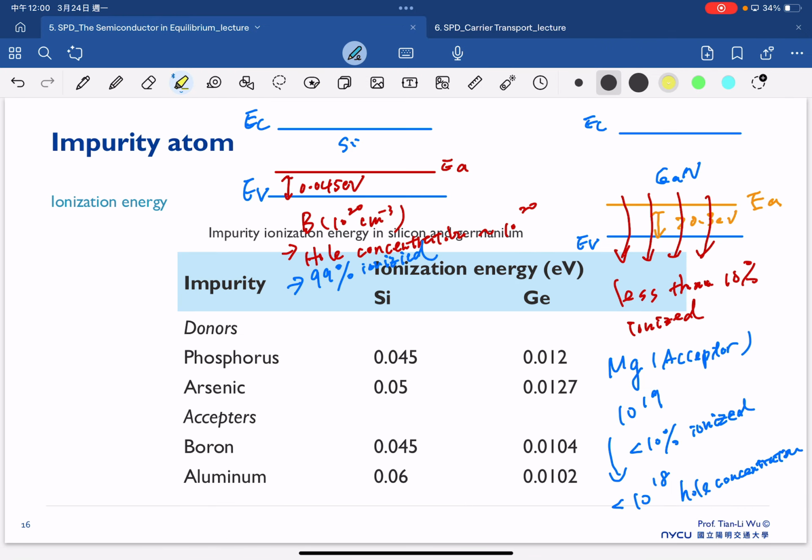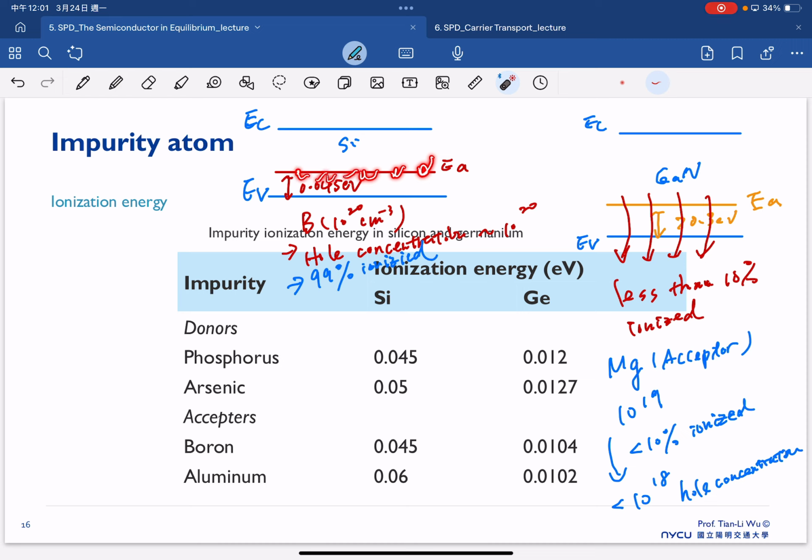As I already said, once EV minus EA or EC minus ED is very small, once the ionization energy is small, then everything is being ionized. Less than 1% stays here.